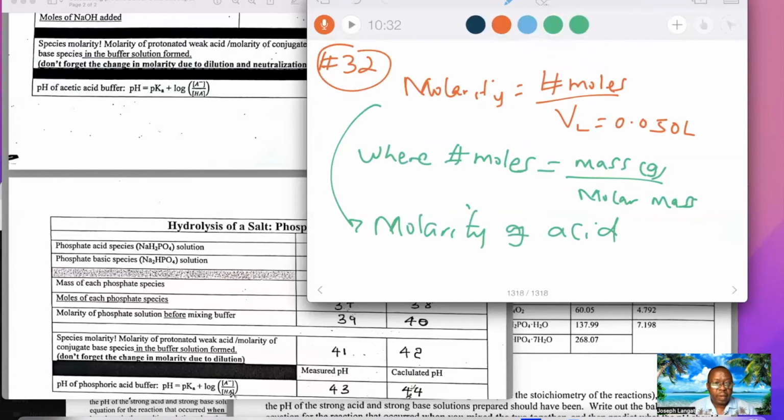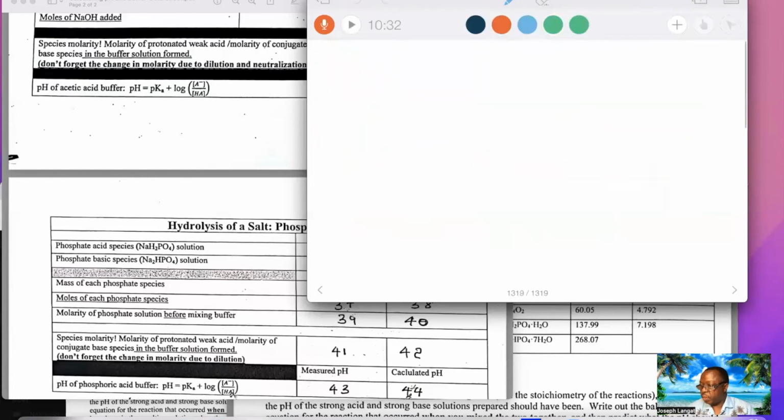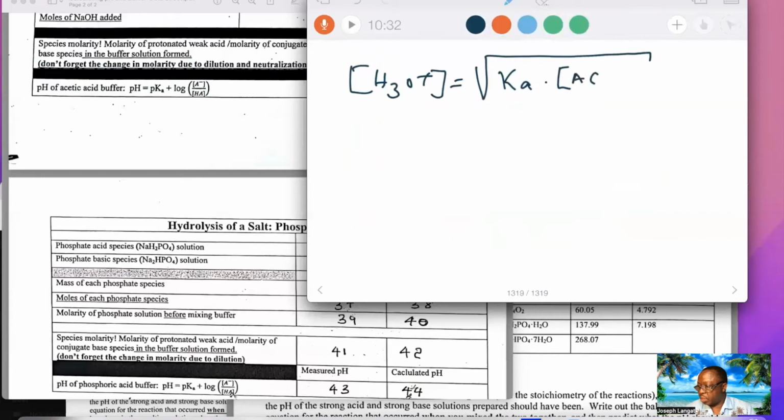We haven't calculated pH yet. The hydronium concentration is given by the square root of Ka times the concentration of the acid. Once you figure out the molarity, you plug it in there.